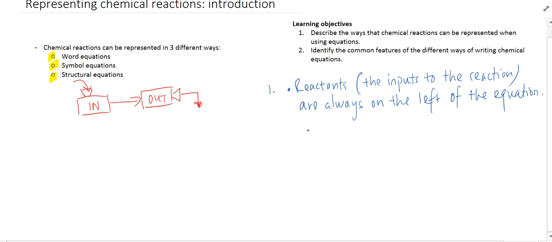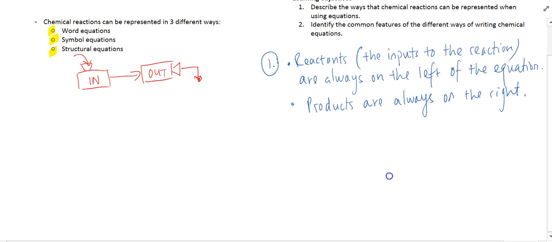And the products are always on the right. So the products are the stuff that comes out of the reaction, the new stuff that you make. So that's the first common feature.